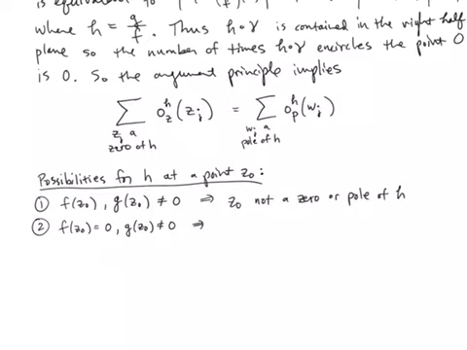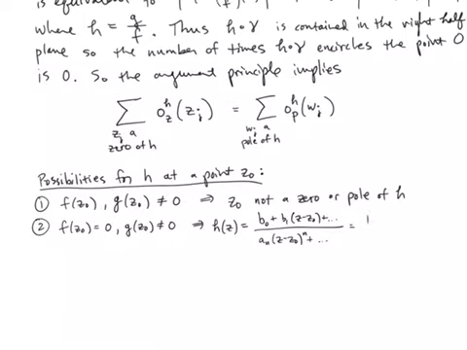So we can write H of z. If we look locally around z naught, our function G is not equal to 0, so we have b naught plus b1 times z minus z naught plus dot dot dot, over our F, which has a zero of a certain order, say n, so it's a_n times z minus z naught to the n plus dot dot dot, where that a_n is not 0.